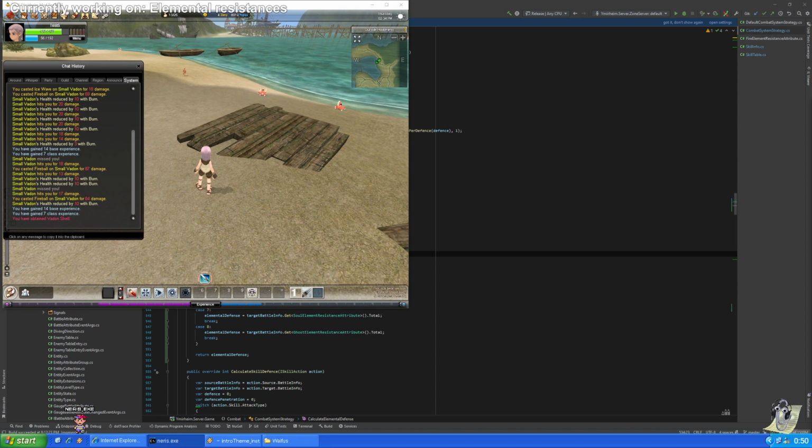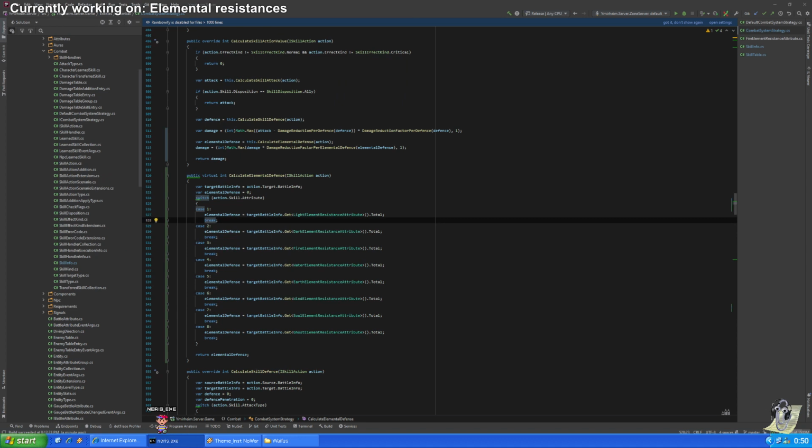Okay, so this is it. I just need to implement the elemental weaknesses. So to do that, I wanted to create a small spreadsheet so it's easier to work on.